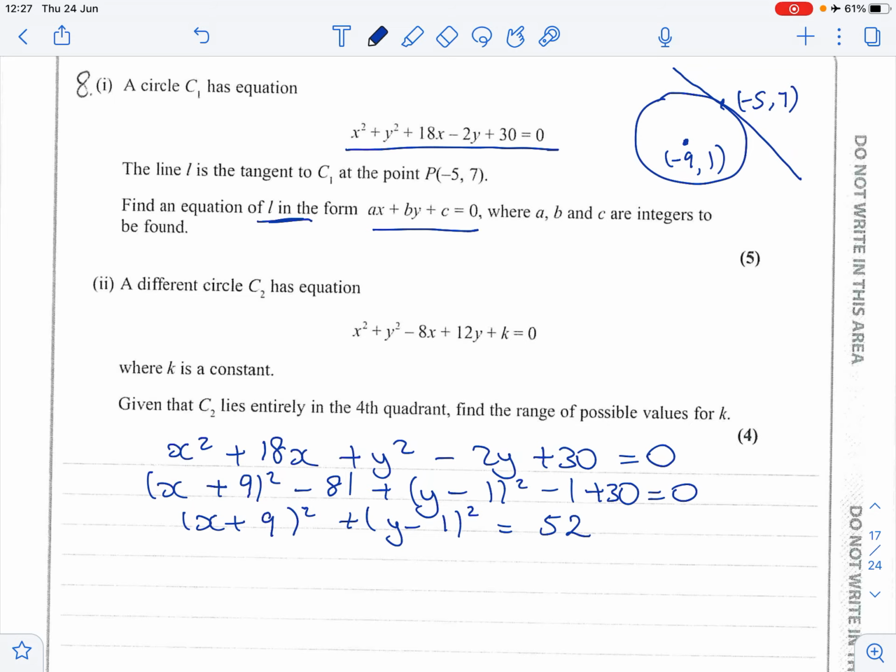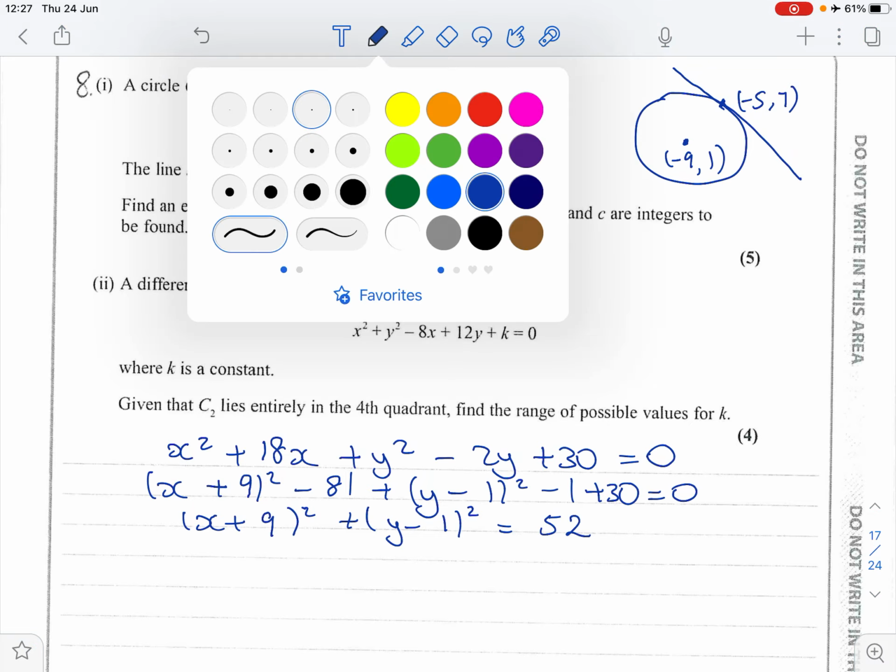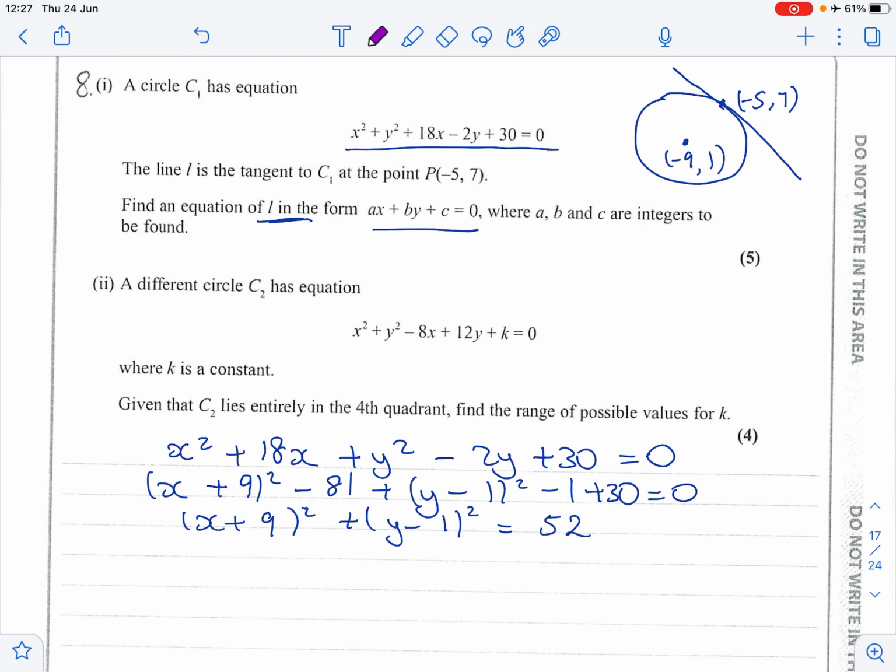So we have 2 points. Then the line from our center to point P is perpendicular to our line L. So we can work out the gradient for the line from the center to the point P. So your gradient would be the difference in y, which is 7 minus 1, over the difference in x, which is minus 5 minus minus 9, which is 6 over 4, which is 3/2.